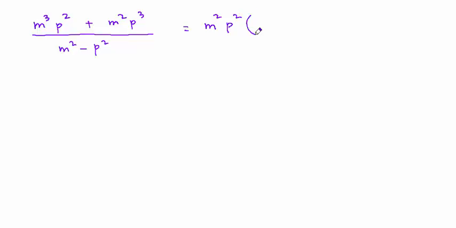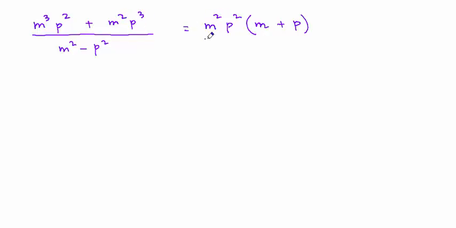Now what's left? If you take out m squared p squared from m cubed p squared, we only have an m left. In the same way on the second one, we only have a p left, because p times p squared gives you p cubed, and m squared has already been taken out.